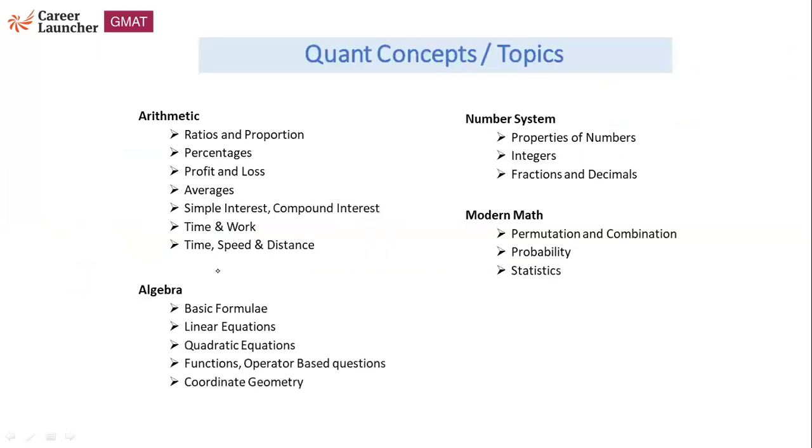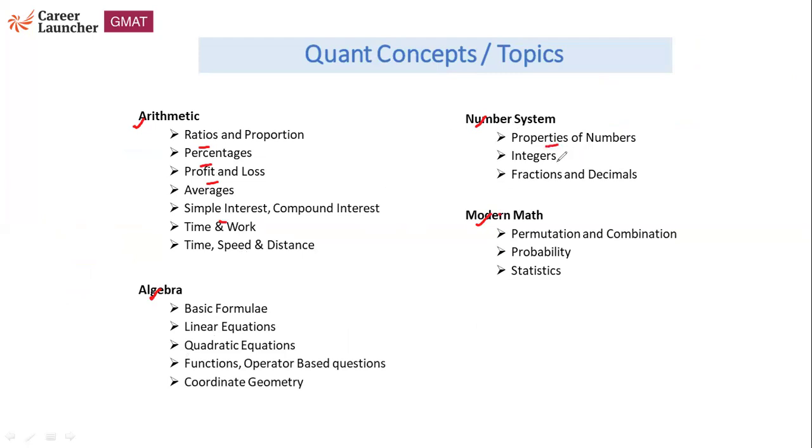Now, topics which are tested on the GMAT Focus Edition are arithmetic, algebra, numbers, and modern maths. These are the broad topics. Arithmetic includes ratio, proportion, percentage, profit, loss, speed, time, distance, rate, and work. Algebra: linear equation, quadratic, coordinate, everything comes here.